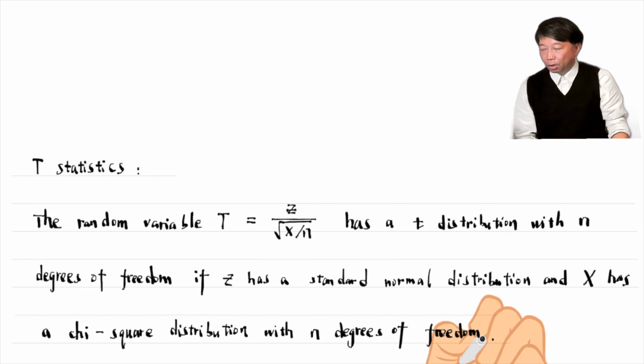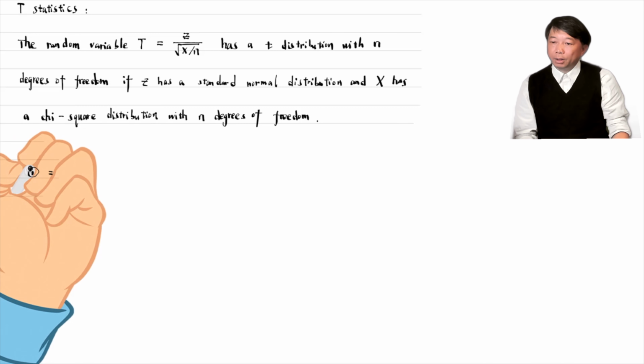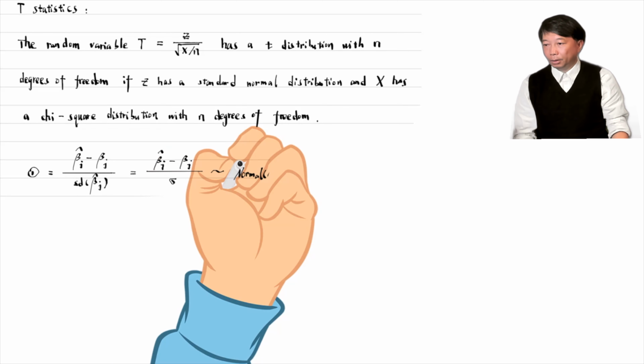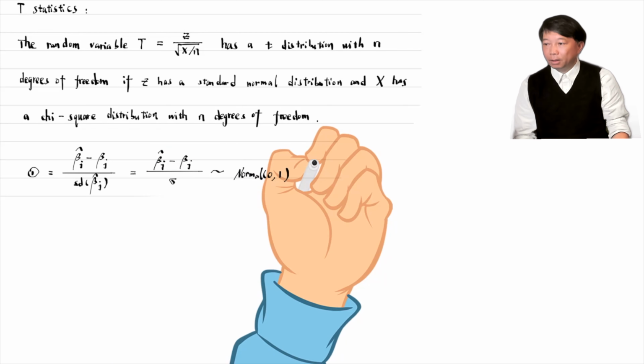From previous topics, we know that under the 6 classical linear model assumptions, the OLS estimator beta hat is normally distributed. After we standardize a normal random variable by subtracting its mean and dividing by its standard deviation, we obtain a standard normal random variable.